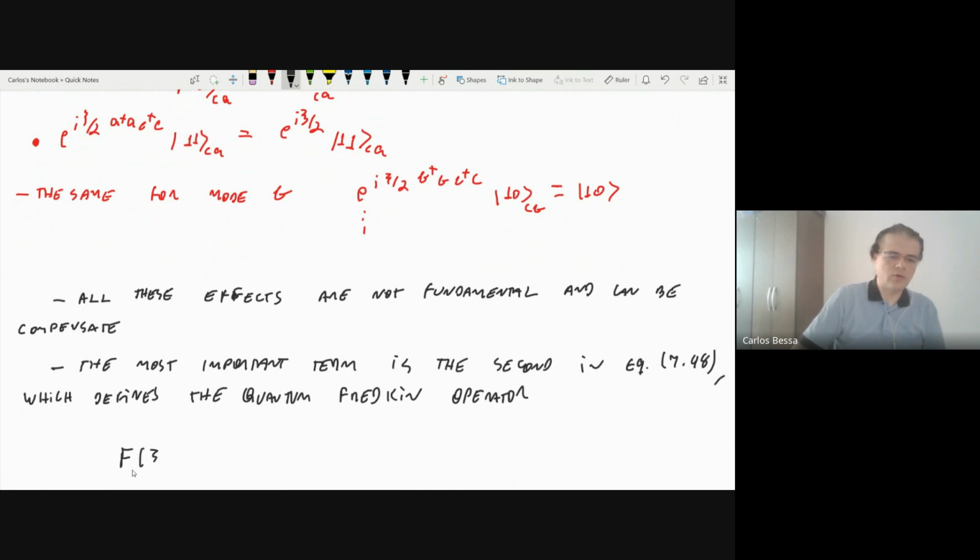F of psi, exponential psi over 2, C dagger C, A dagger B minus B dagger A. Now it's written 7.49.